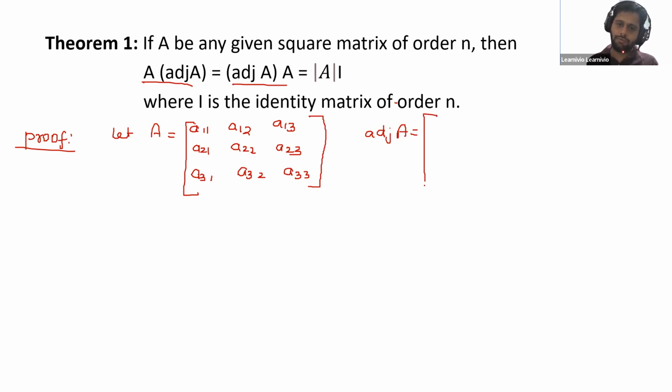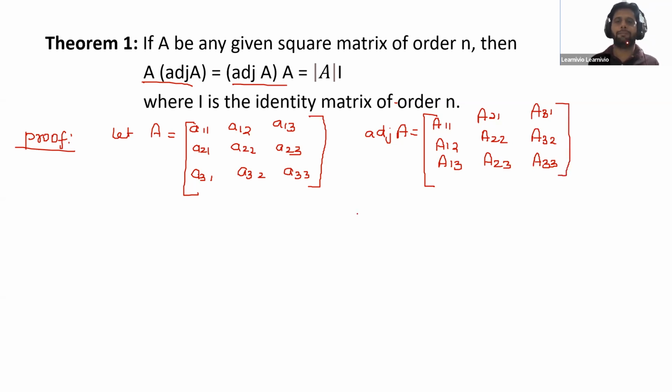If you find the adjoint of this, then you will get A11, A12, A13, A21, A22, A23, A31, A32, A33 as cofactors, and its transpose is the adjoint of A.